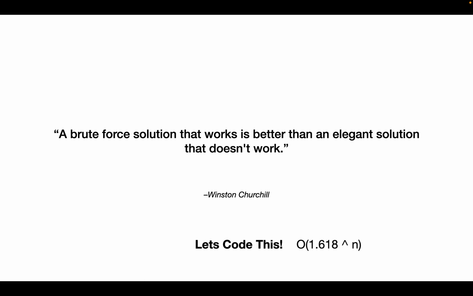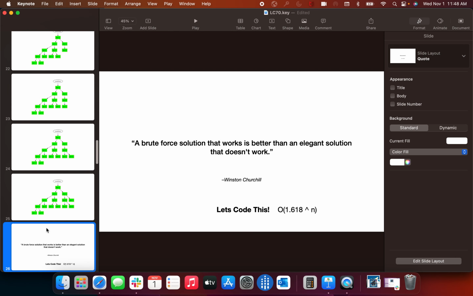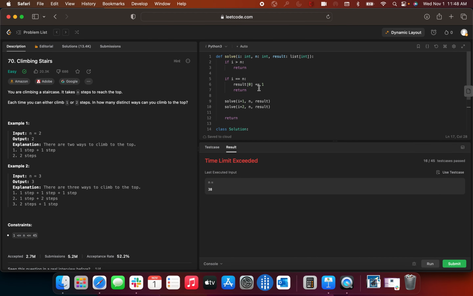So let's code this. Let's get into code for the recursive approach. Okay, so I don't need this function anymore, but I still need a helper function to implement the recursion. So let's call it dp, like I mentioned earlier.